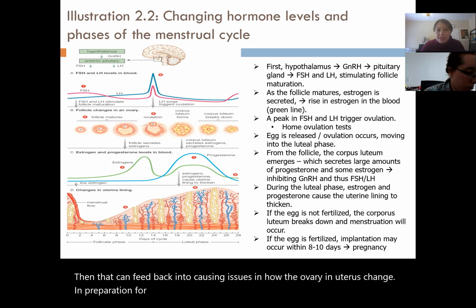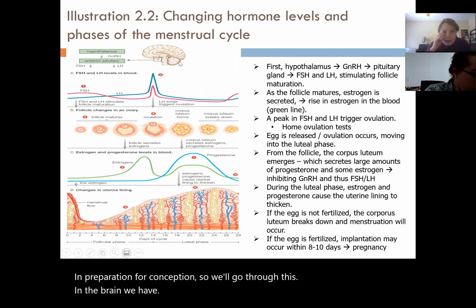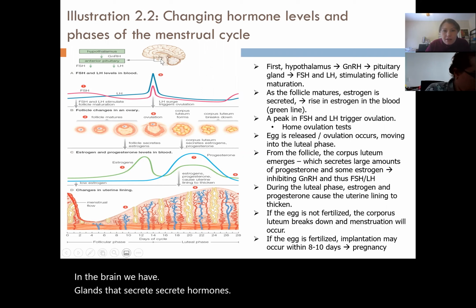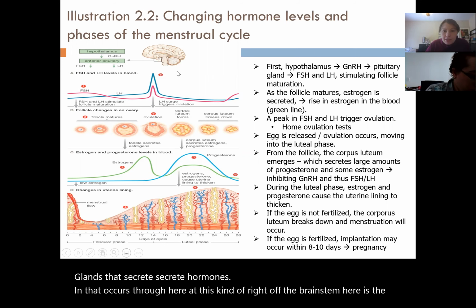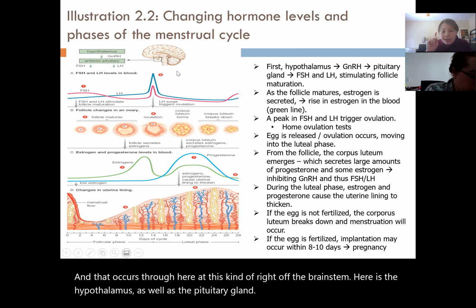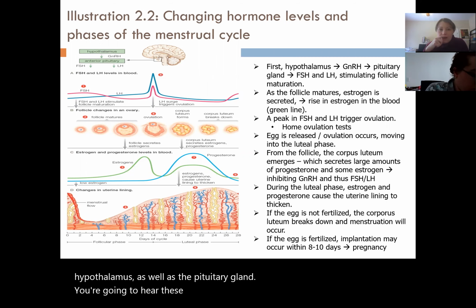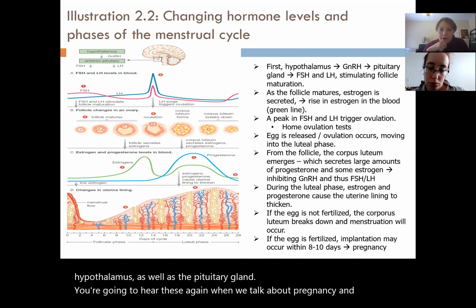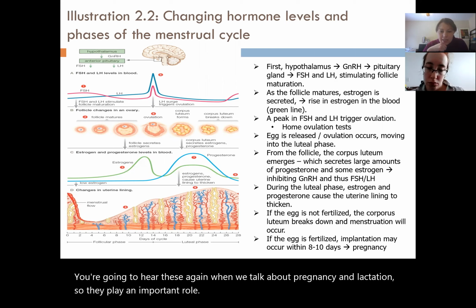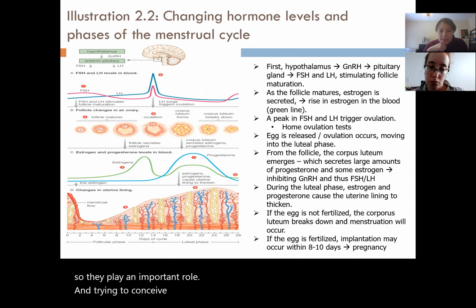So we'll go through this. In the brain, we have glands that secrete hormones, right off the brainstem. Here is the hypothalamus, as well as the pituitary gland. You're going to hear these again when we talk about pregnancy and lactation. They play an important role in trying to conceive, as well as during pregnancy and during breastfeeding too.